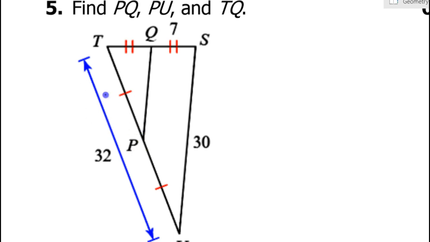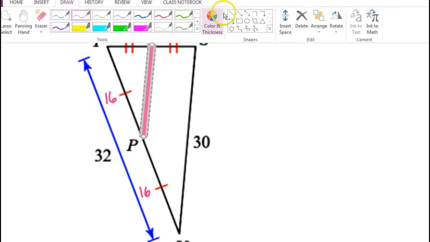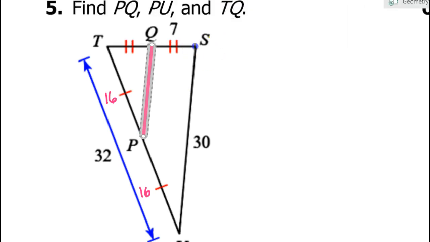So that means that this segment up here is 16, and this segment down here is 16. Now let's talk about the midsegment. So here's the midsegment, and here is the side of the triangle to which it is parallel.